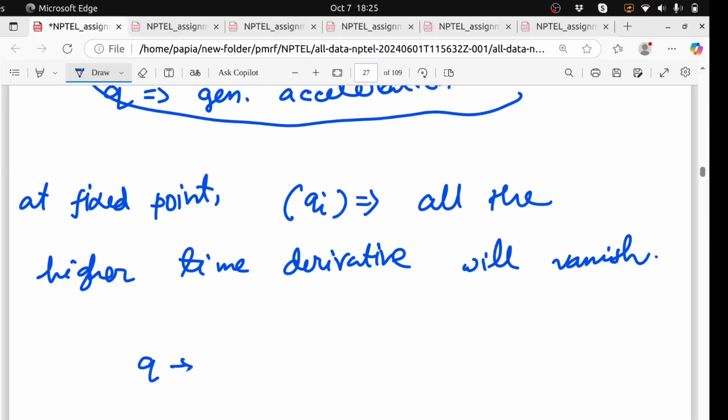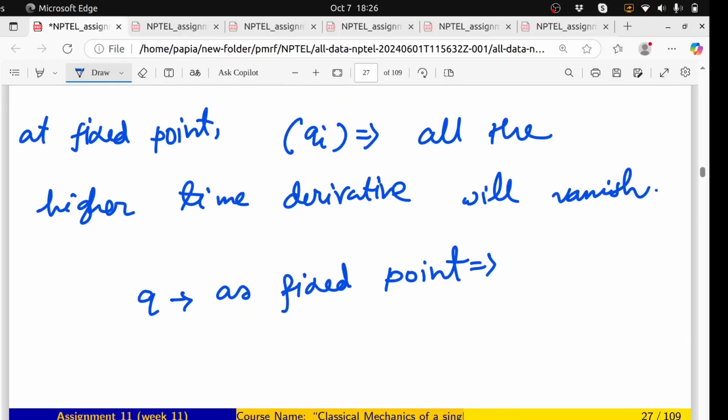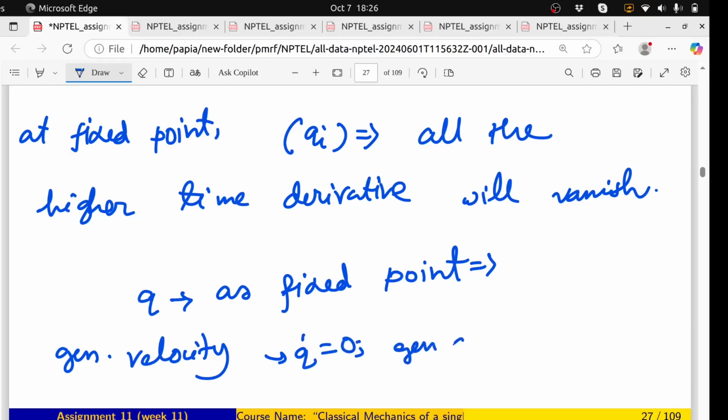So like for Q as fixed point, we will have generalized velocity, which is Q dot equals 0, generalized acceleration, which is Q double dot, that is also 0.